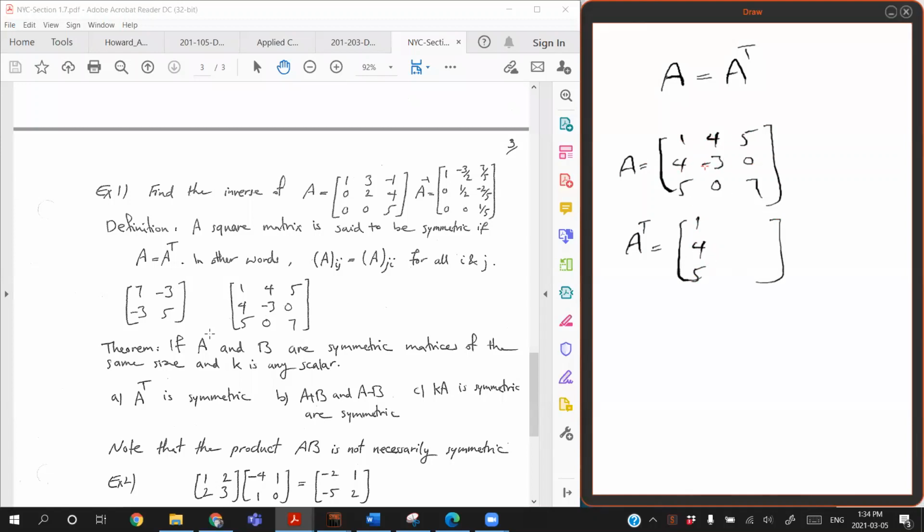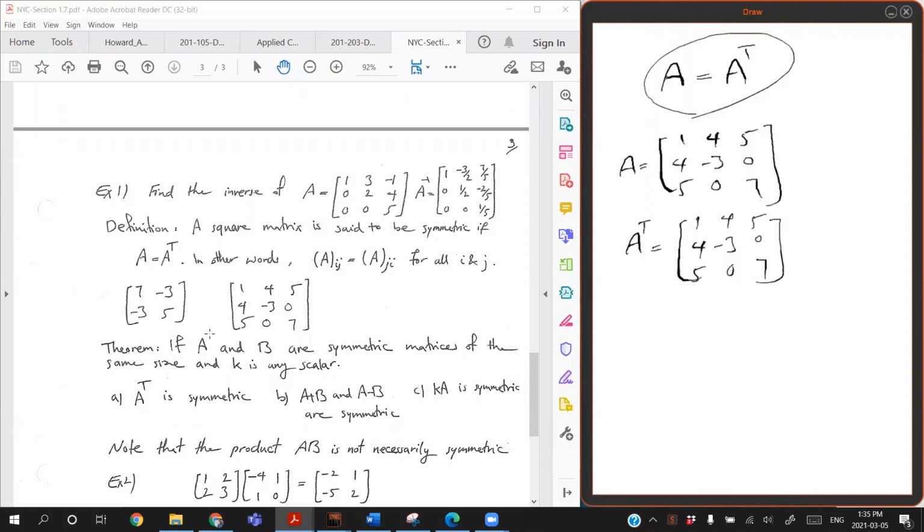The second row becomes the second column. I get 4, -3, 0. And the last row becomes the last column. I get 5, 0, 7. So you see, it didn't change. It's still the same matrix.